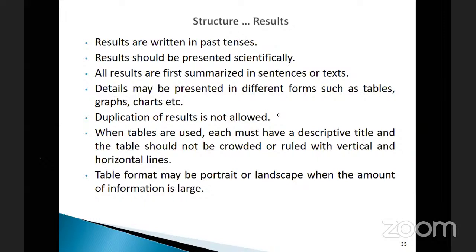Now, tables should not be crowded or ruled with vertical and horizontal lines. For research, we don't rule tables with vertical and horizontal lines. Only two lines are needed, maybe the one on the title and the one that tells you that the table has ended. So no grid lines.